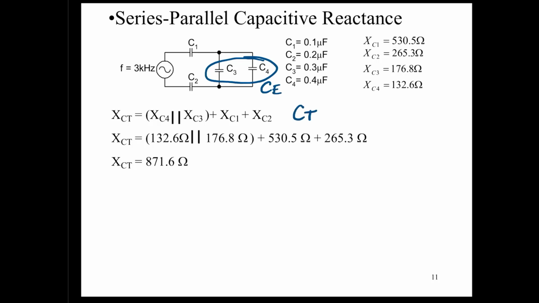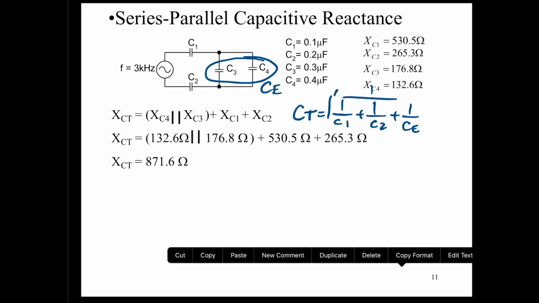So CT would equal 1 over C1 plus 1 over C2 plus 1 over C equivalent. C equivalent came from the sum of C3 and C4. And then you're just going to take the reciprocal of that to give you your CT value.